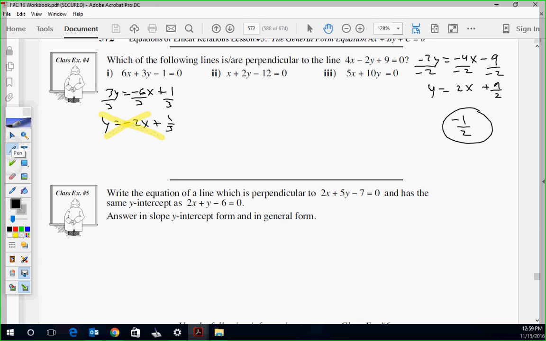-2 is not -1/2. Remember, when we do this work, which we've been doing, we're looking for that number to be next to the x. Okay, this one here, minus the x, add the 12. Divide 2.